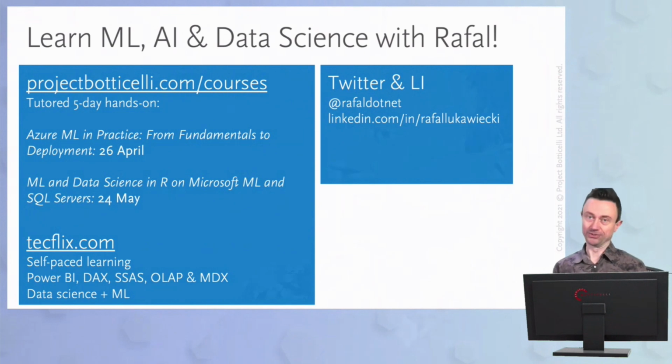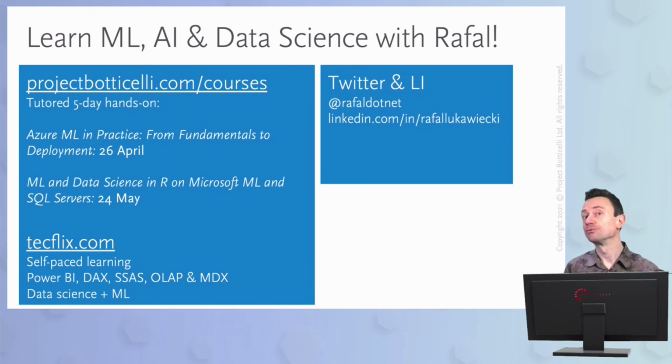So I actually have two businesses. The company that I've worked for now for a long time, over 20 years, is called Project Botticelli Ltd. And it is a small consulting company based here in Ireland, where I live, where we specialize in machine learning, data science, AI, and all of that fancy stuff that I've been doing for a while. And this is also the business through which I teach what I do.